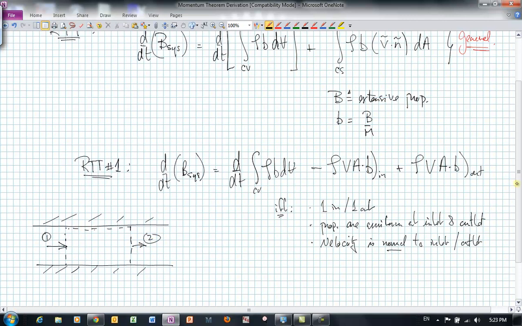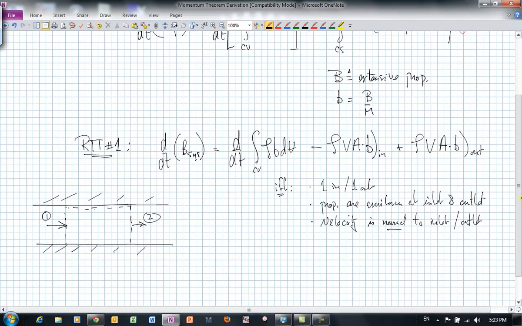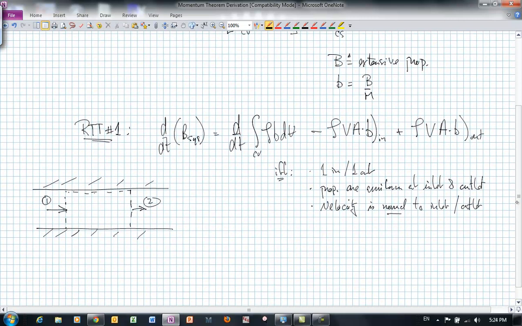I can look at that system, which satisfies my three conditions for Reynolds transport theorem version 1, the restricted form, and apply it to conservation of momentum if I let B, my extensive property, be equal to mass times velocity. That's the linear momentum of the system.